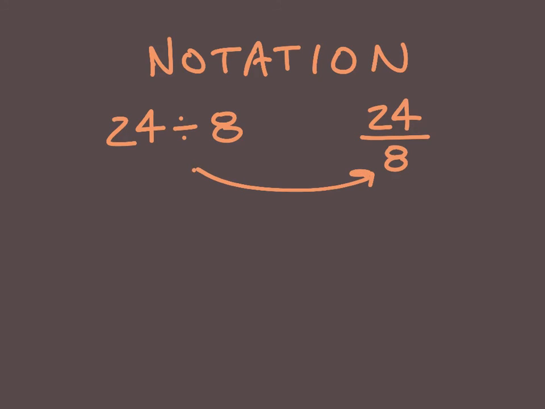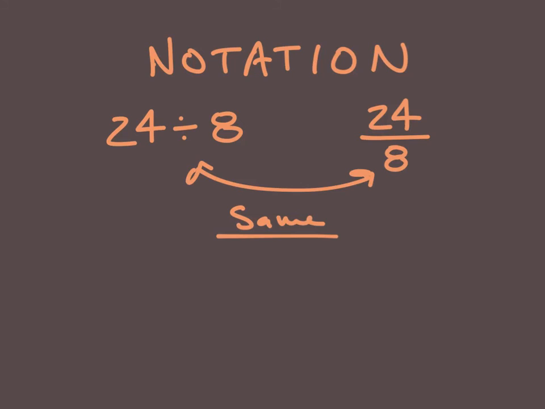Now let's talk about notation. If I'm showing division, and let's think of another number, like 24 divided by 8, I can write that another way, as a fraction, 24 over 8. These two things, writing them one way using the division symbol and one way using a ratio or a fraction, mean the same thing.